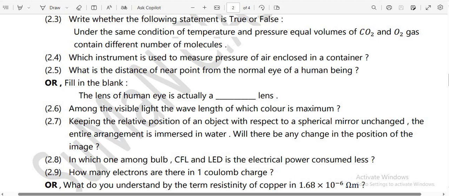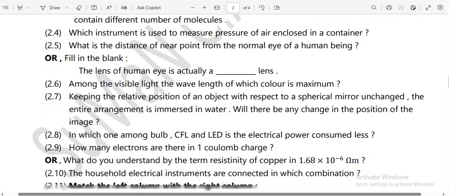Will there be any change in the position of the image?